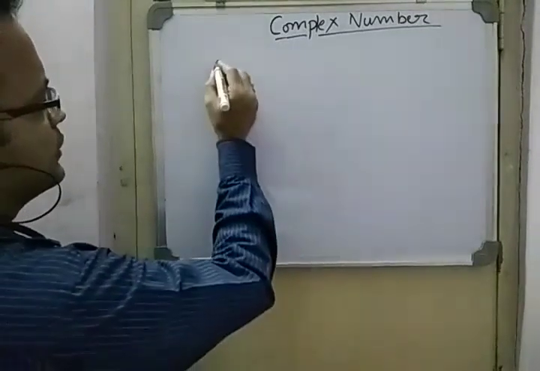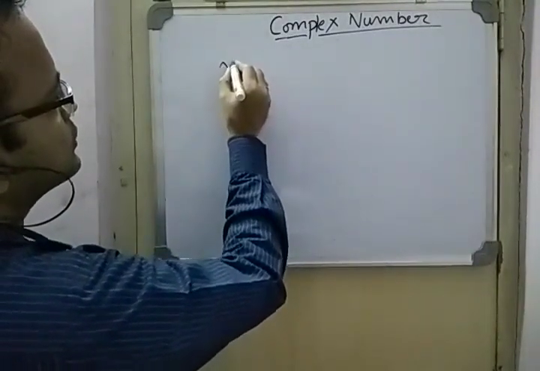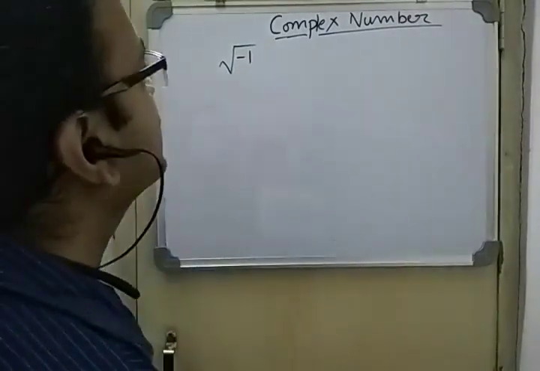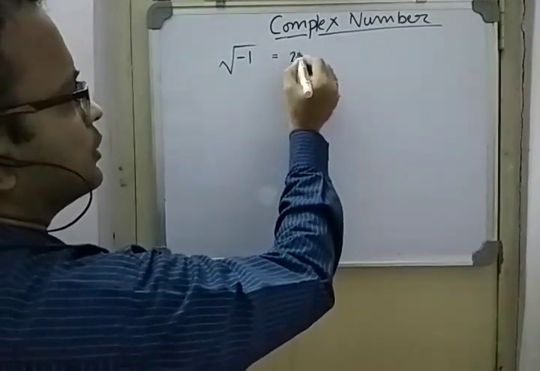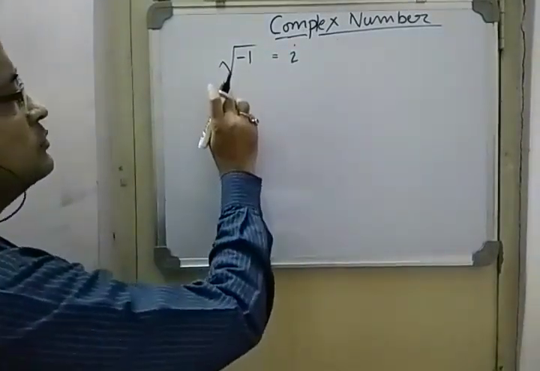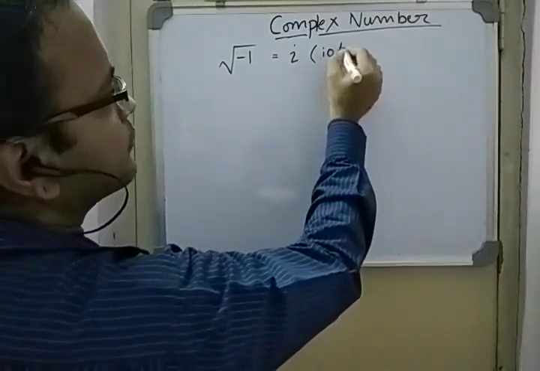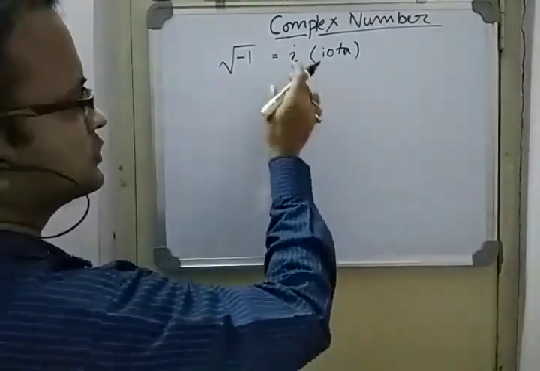We discussed that when we reached the need of calculating the root of a negative number, the concept of the imaginary number came, and the smallest unit, represented by i, is read as iota, or simply we can say i.